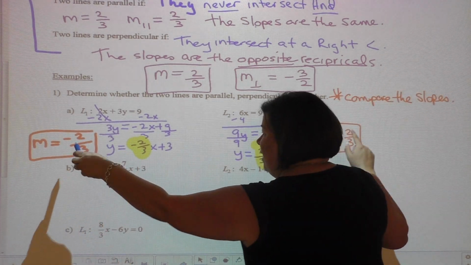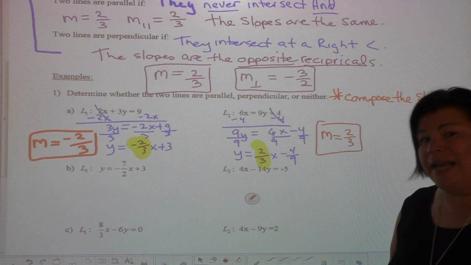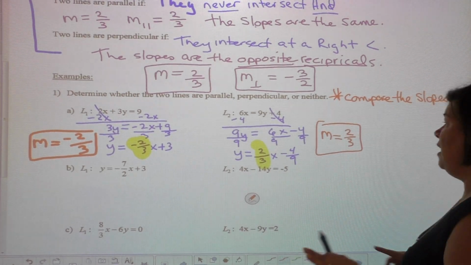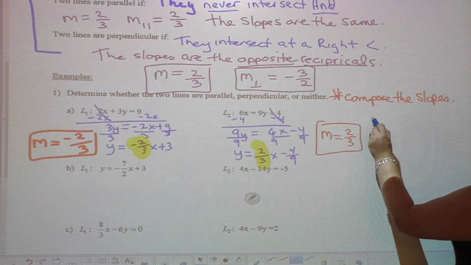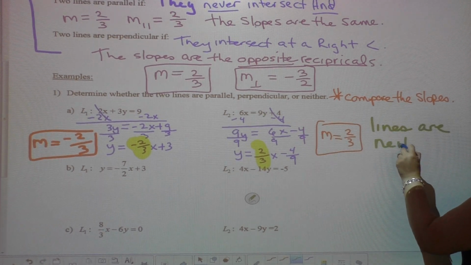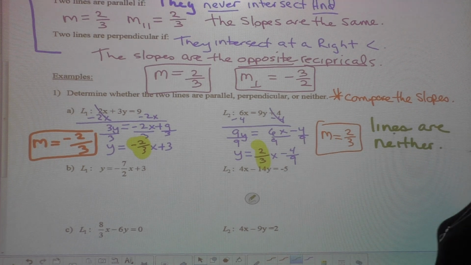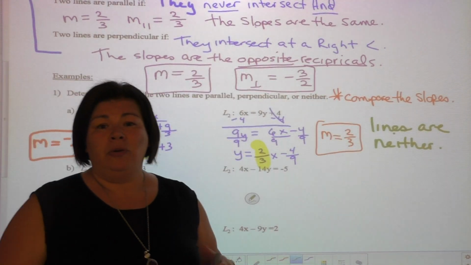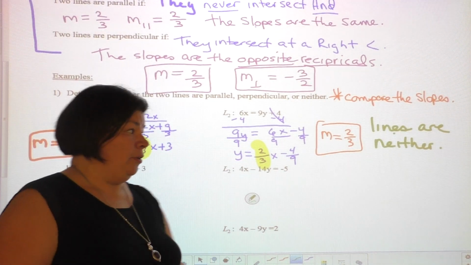Also, because they are not exactly the same, they aren't parallel either. So we're going to say that the lines are neither, because the slopes are neither the same, nor are they opposite reciprocals.